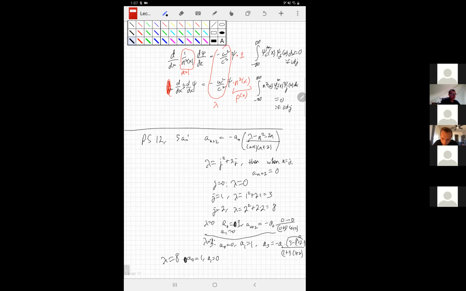So we're doing an even polynomial. a_2 is going to be minus a_0 times 8 minus 0 squared minus 2 times 0 over 0 plus 1, 0 plus 2. So I'm going to get minus a_0 times 8 over 2, or minus 4a_0.